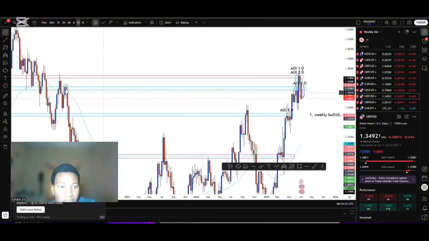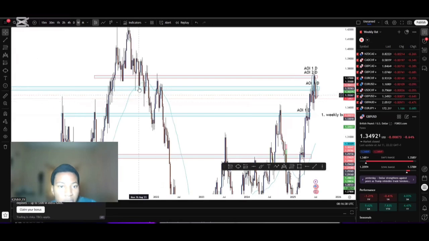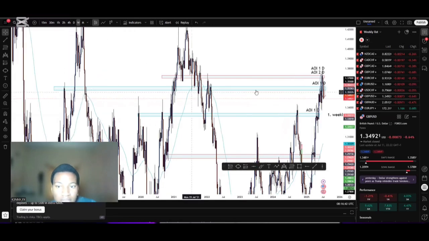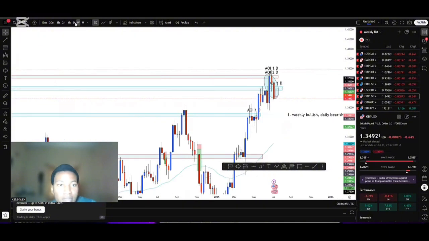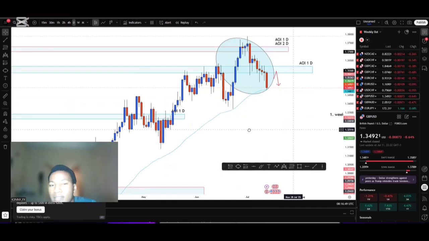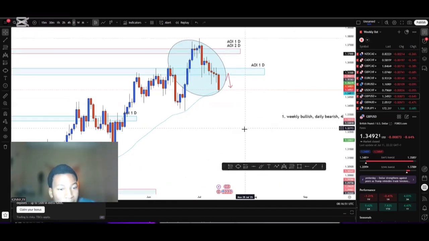We have this weekly resistance, support, resistance, nice level. If you go on to the daily, I'll say daily is bearish, bearish with one eye, because I don't really like the structure here.